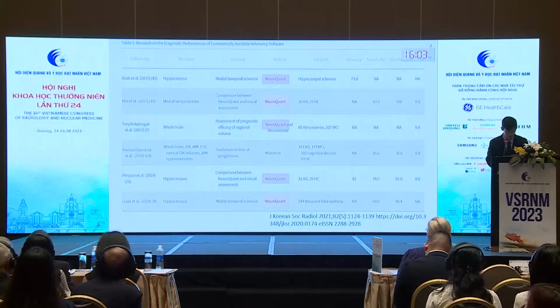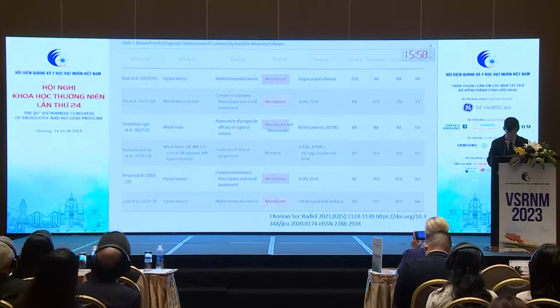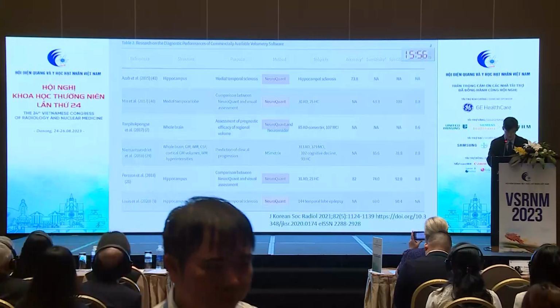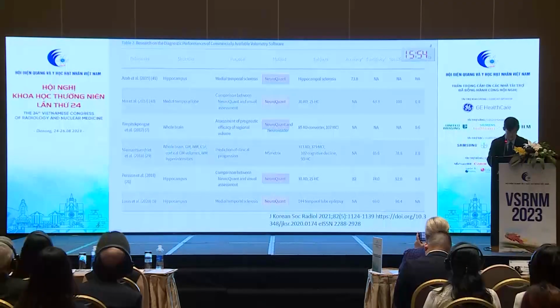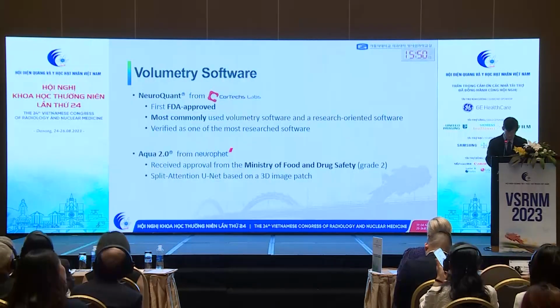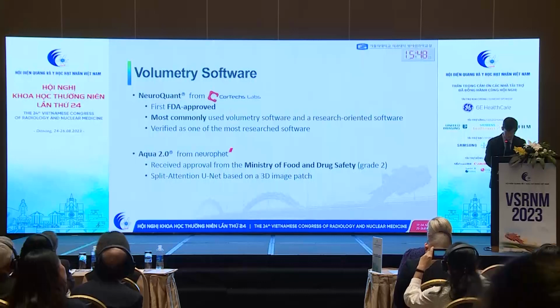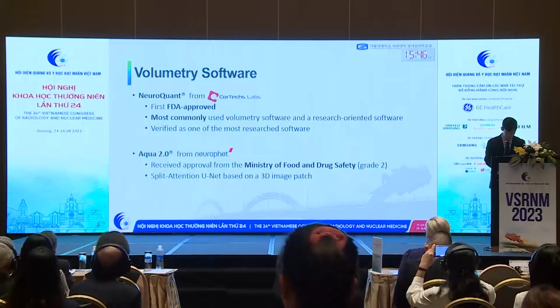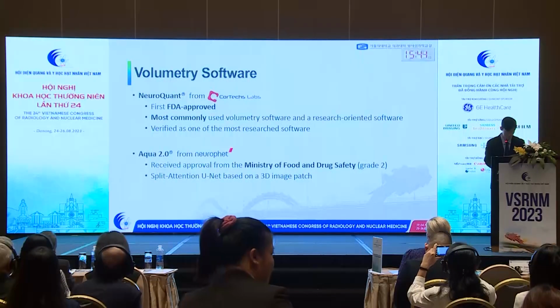In these circumstances, NeuroQuant has been the most widely used clinical software and has been relatively verified through various studies since 2009. As a web-based quantification analysis software, results of NeuroQuant can be obtained within about 5 to 10 minutes.